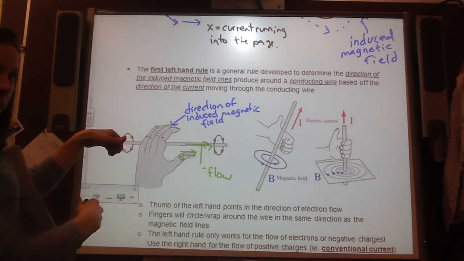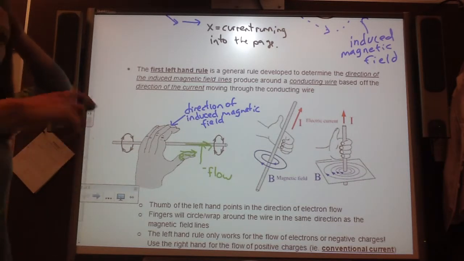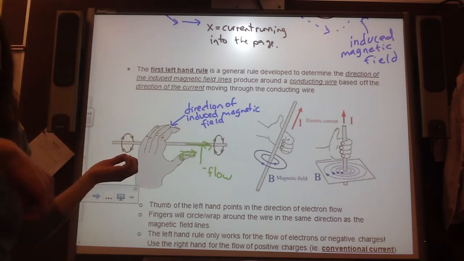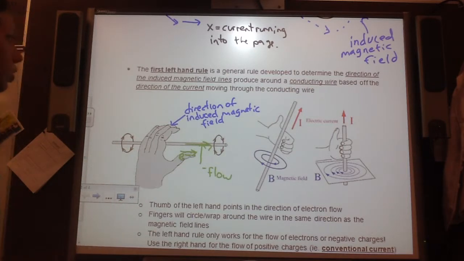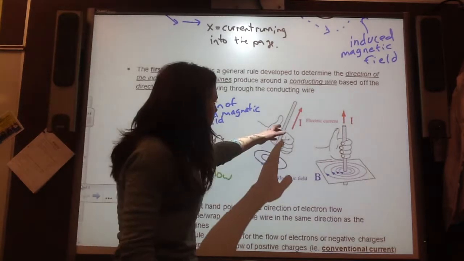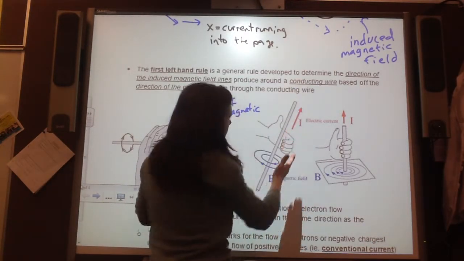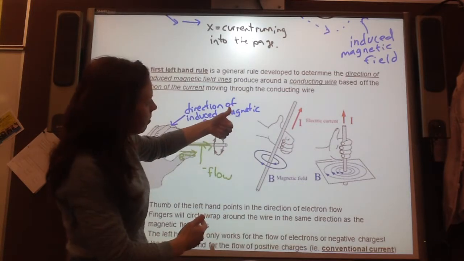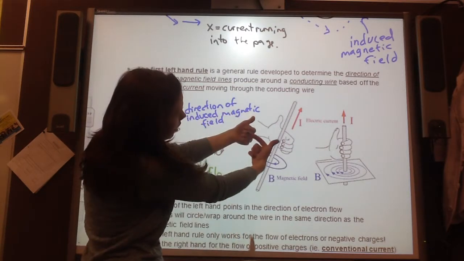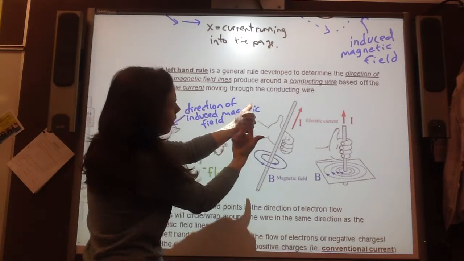Does it always give you the electric current, or would it give you the magnetic field, and you have to determine the electric current? Yeah, either one. So for this example, say you're told that you have the electric current and it's going this way. You put your thumb up, and the magnetic field is going to loop around it.